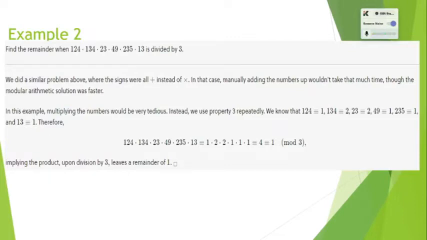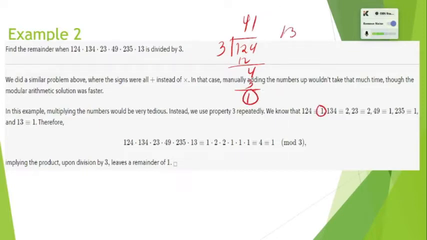So, yun. We know that 1, 2, 4. So, kumbaga, isa-isa natin i-divide yung mga numbers given. So, 124 divided by 3. So, 1 ang remainder. So, let's try na. 124 divided by 3. So, that is 4, 12, 4, 1. So, we got 1. So, yun. 1 ang answer.